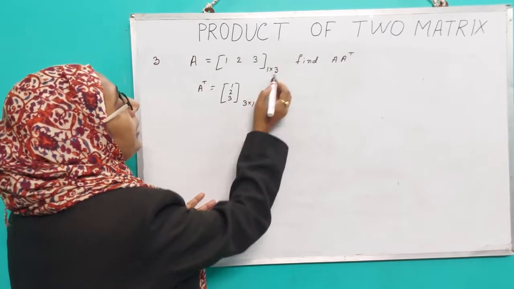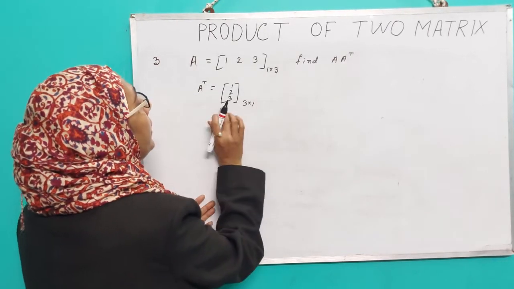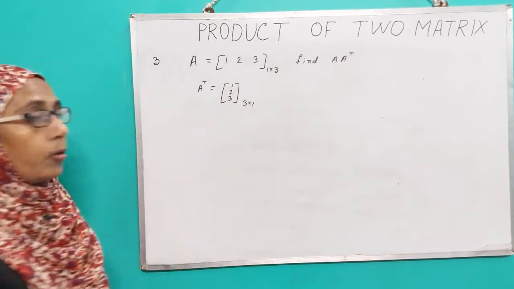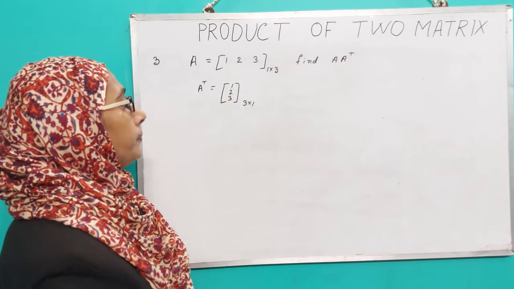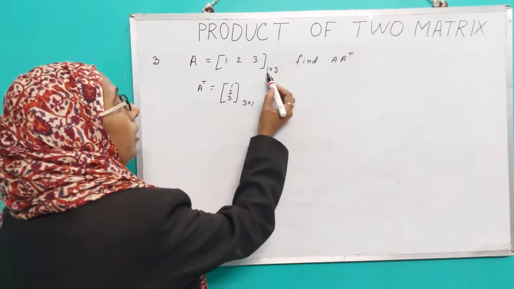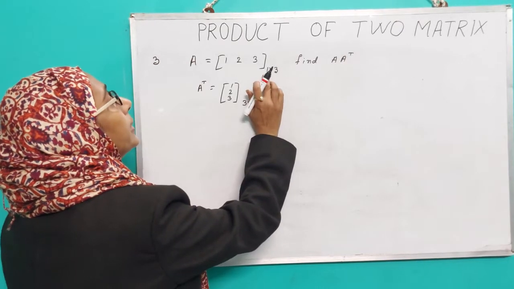Here the number of columns is 3 and the number of rows is 3. Therefore, A and AT are conformable for product and the order of A AT is 1 by 1, isn't it?